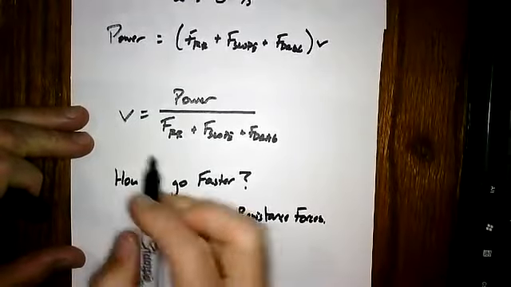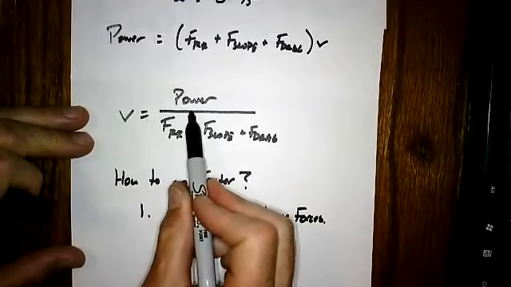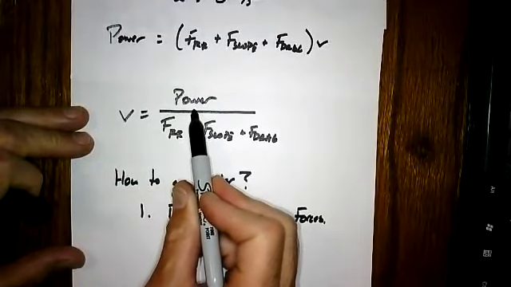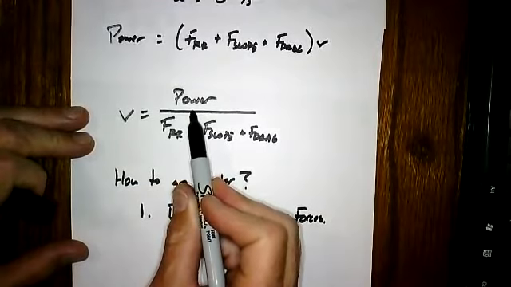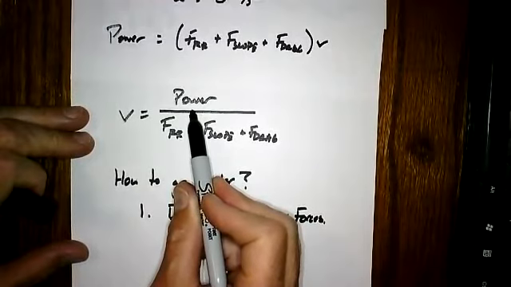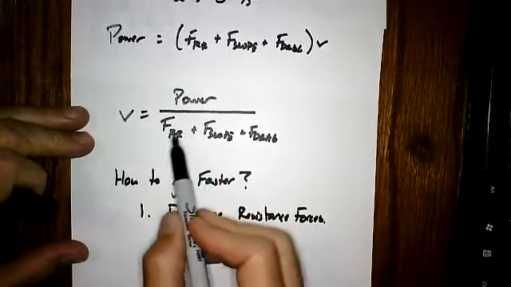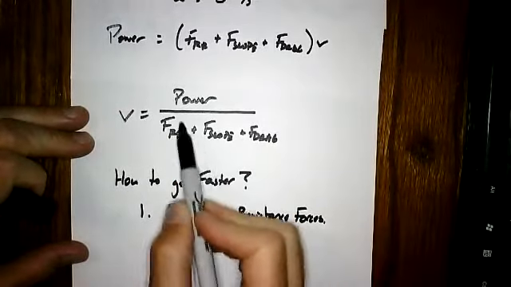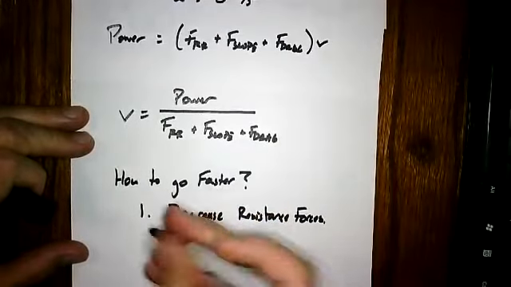What's the other way to go faster? How do you make this number bigger? Increase power. Train to increase power. Train to convert chemical energy to mechanical energy faster. So instead of being able to sustain 200 watts, maybe I can train and I can sustain 220 watts over 100 miles. Now for a given set of resistance forces, that 220 watts will yield a faster bike velocity.